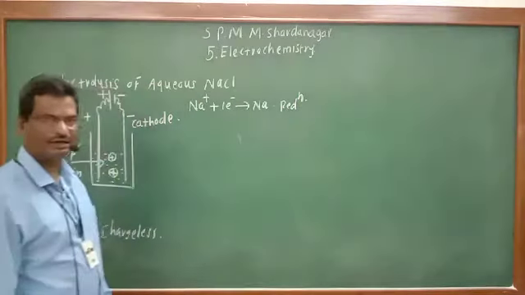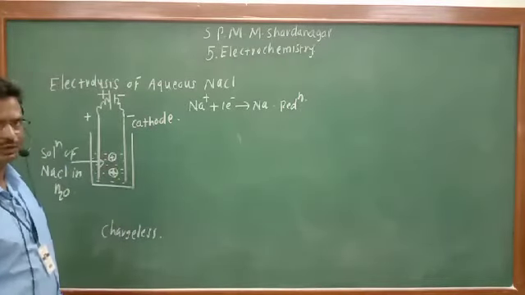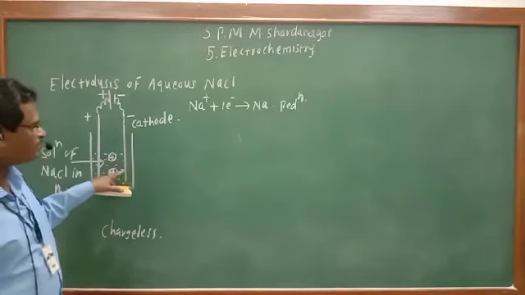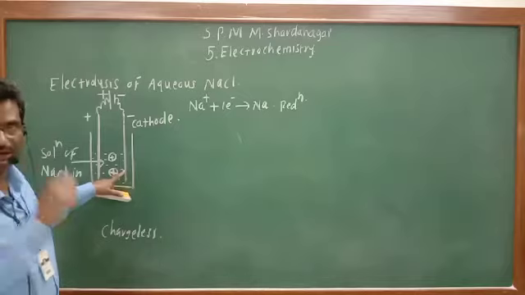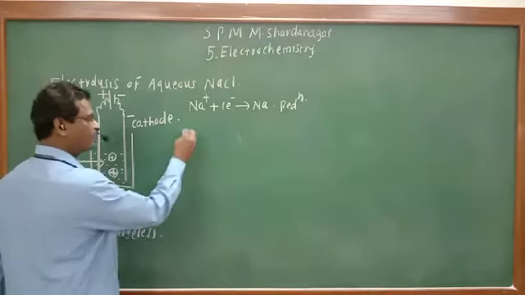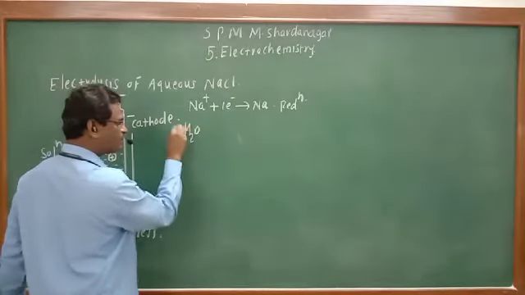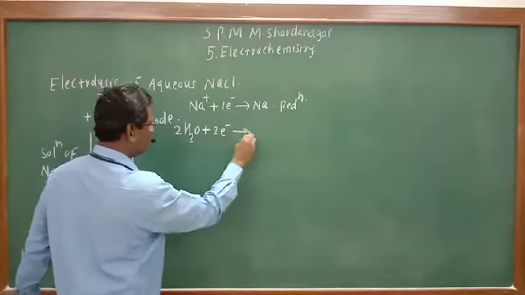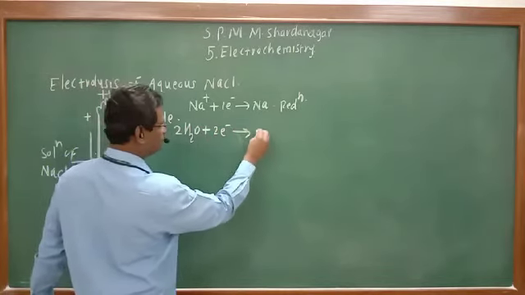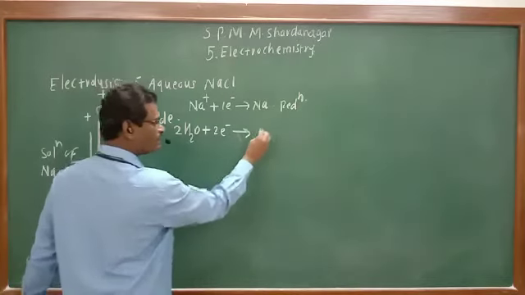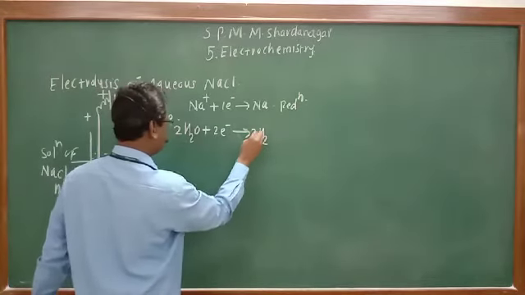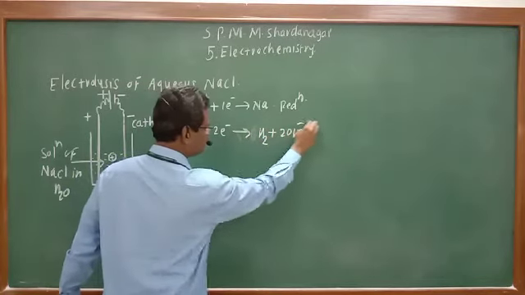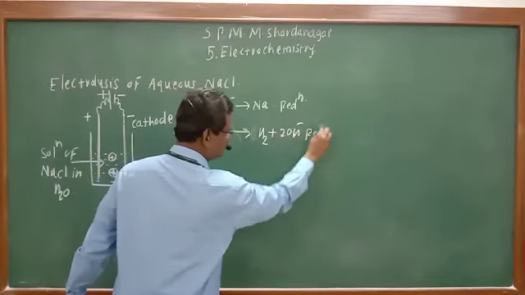Or there are H+ ions, they are also attracted and also undergoing reduction. Reduction of water is written in this manner: 2H2O plus 2 electrons gives H2 gas plus 2 OH-. This is also known as reduction.